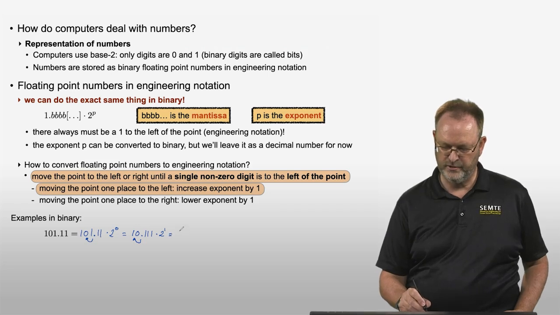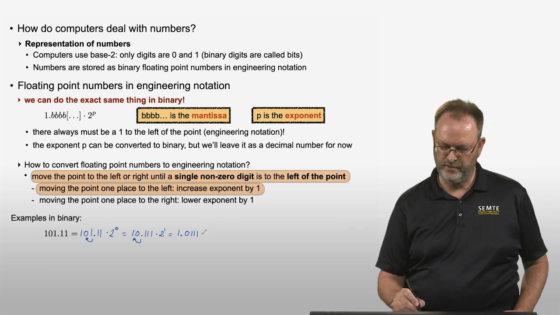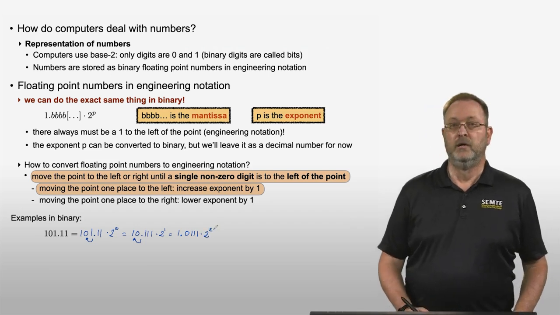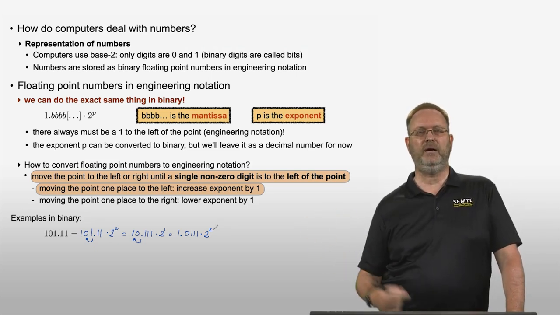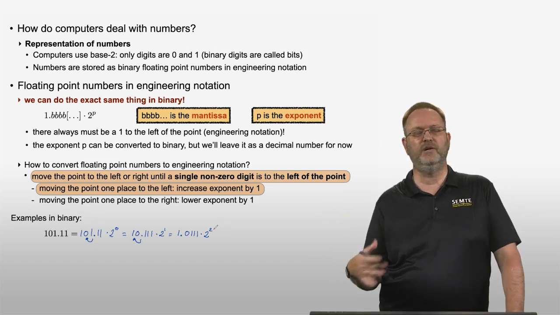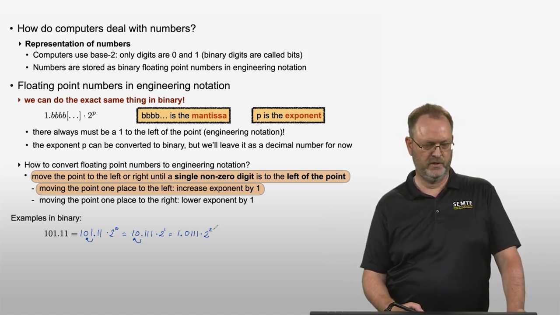So this would be equal to 1.0111. I moved it over 1 spot to the left, so I have to increase the exponent by 1 from 1 to 2. Now 1.0111 times 2 to the power 2 is in engineering notation because I have just a single 1 to the left of the binary point.